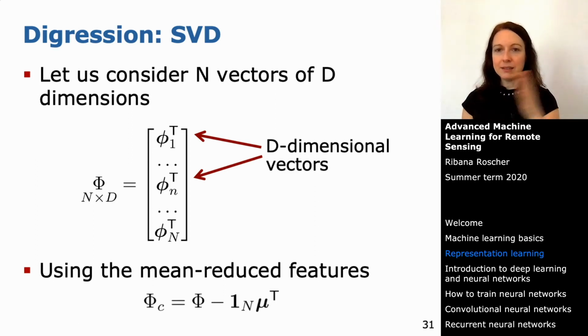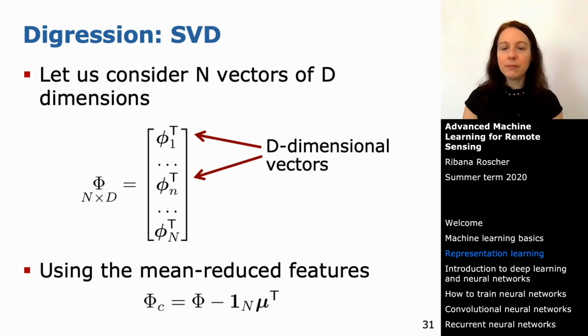The size is d because you have d-dimensional vectors. Now you need to subtract the mean to center your data, and you can do this by the following equation given below, and you end up with mean reduced features in the matrix phi c.